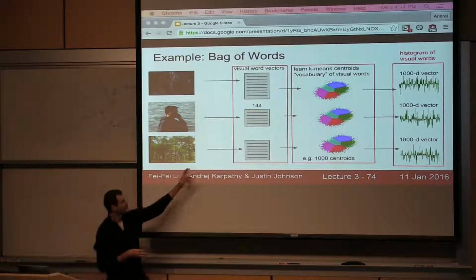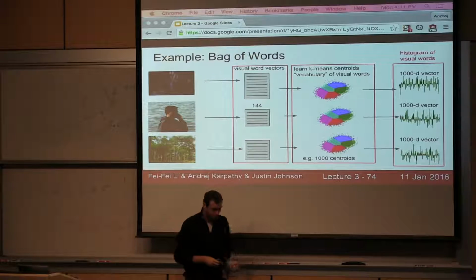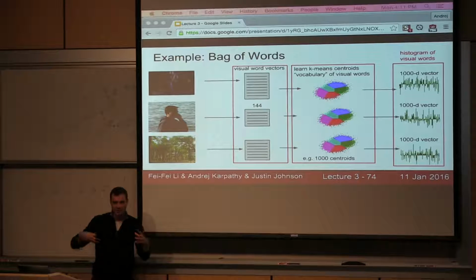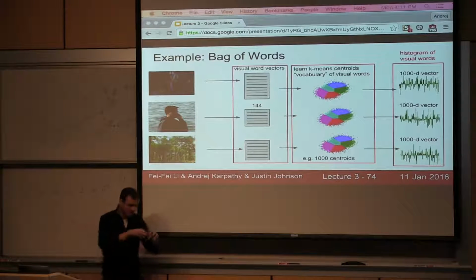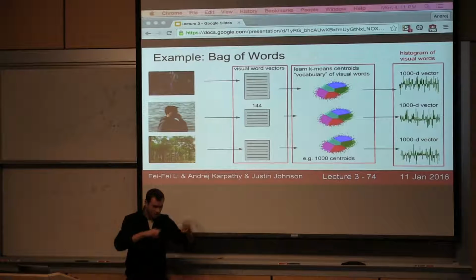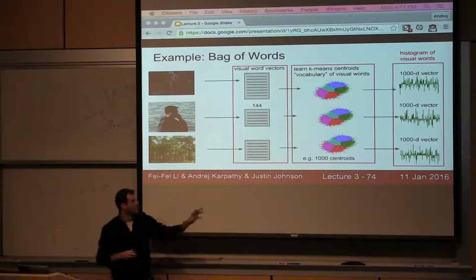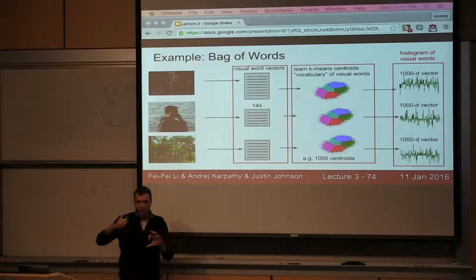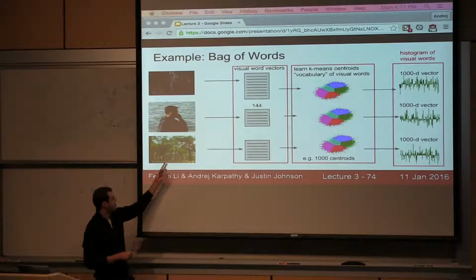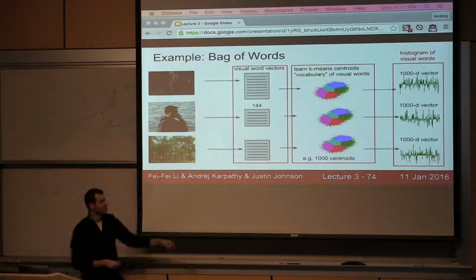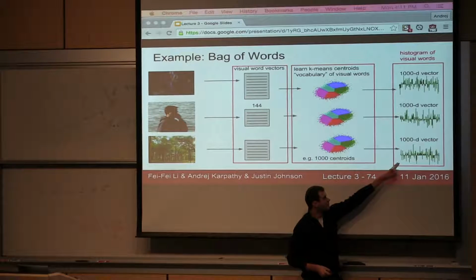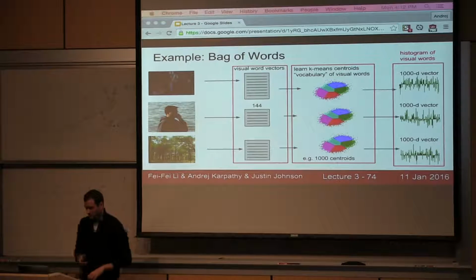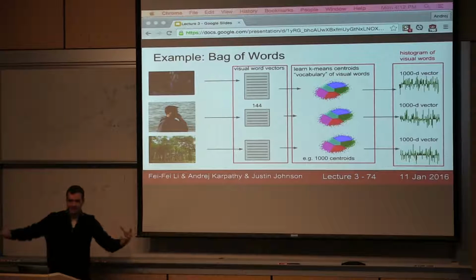Then we came up with dictionaries of the stuff we see in images, like lots of high frequency stuff or low frequency stuff in blue. You end up with centroids using k-means, and then express every image as statistics over how much of each thing we see in the image. For example, this image has lots of high frequency green stuff, so the feature vector will have a high value in high frequency and in green. Then we took these feature vectors, concatenated them, and put a linear classifier on them.